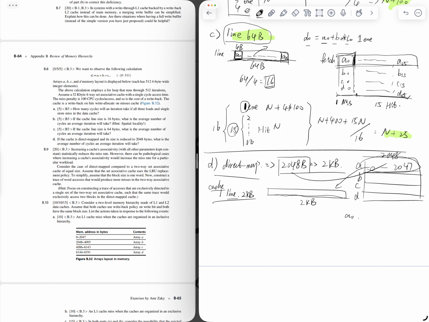So when I want to load it, the whole array of A will be loaded into our cache line, from A0 to A511, right? One word is 4 bytes, so we have 512 words.